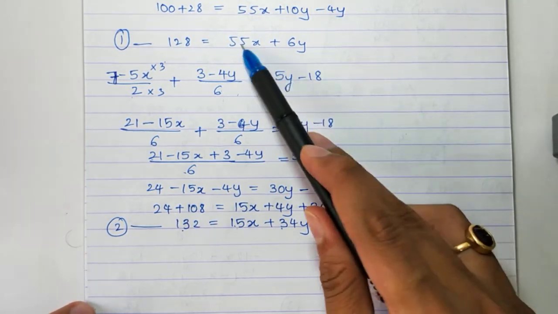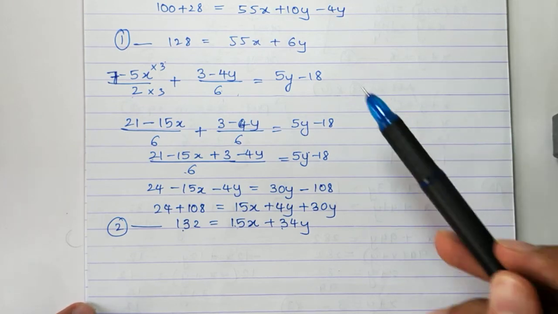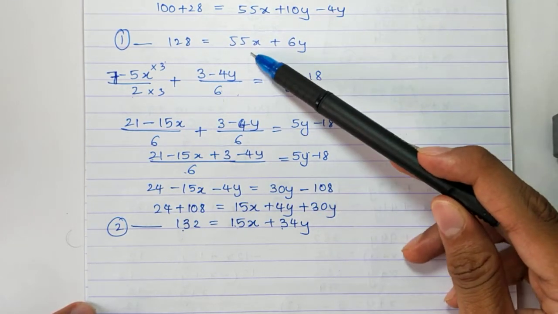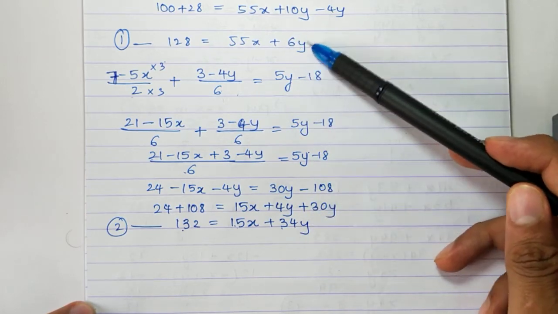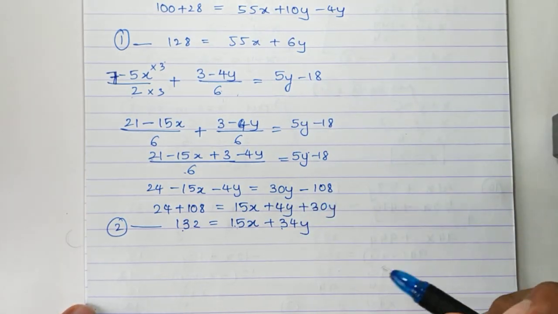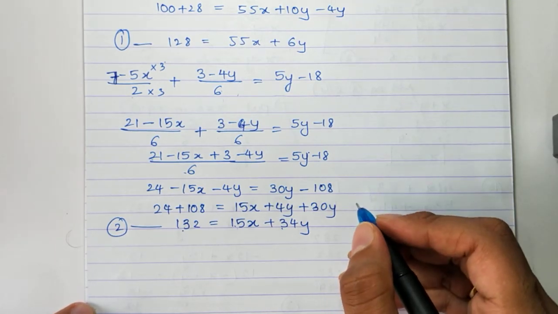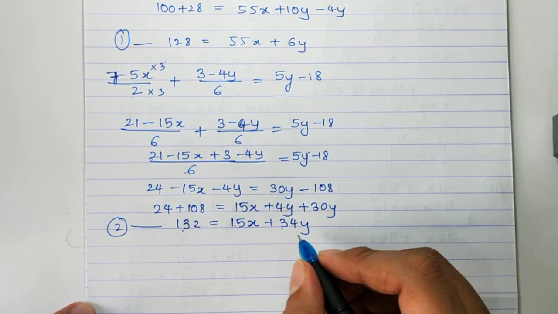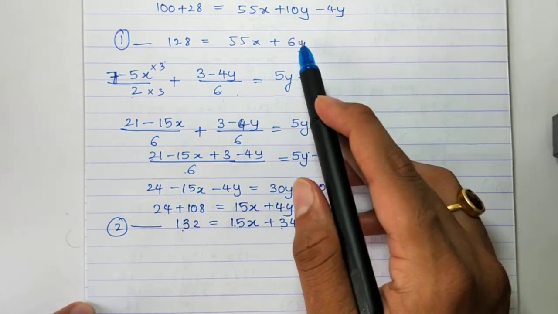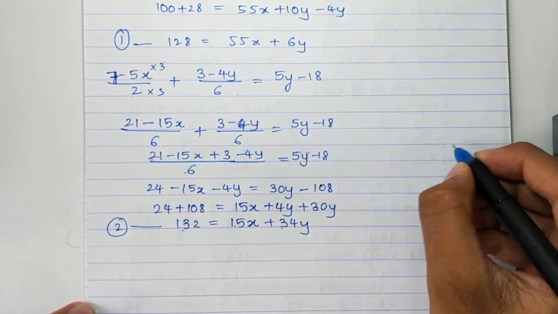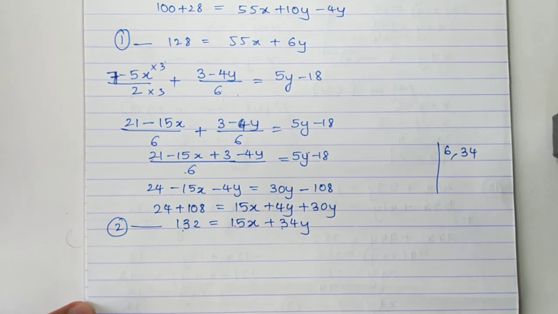But you see the numbers are big, so the LCM will also be big. Okay, so which number will you choose to equate, x or y? Y seems to be easy, 6y and 34y. Okay, so what changes can I make? I can multiply to bring the LCM of 6 and 34. What will be the LCM of 6 and 34?